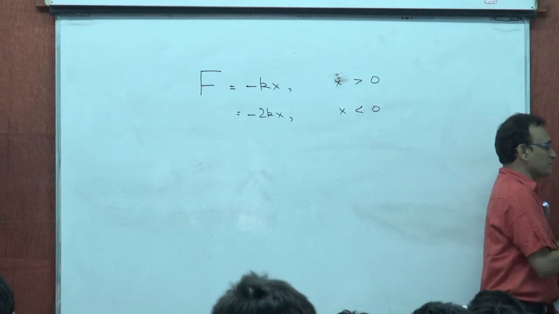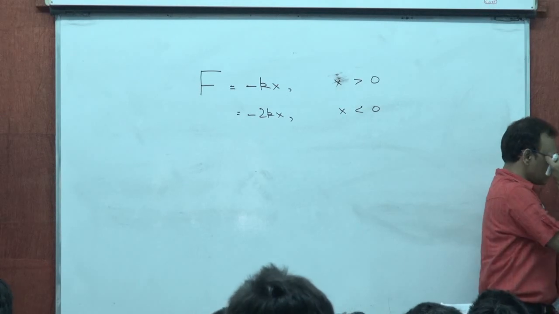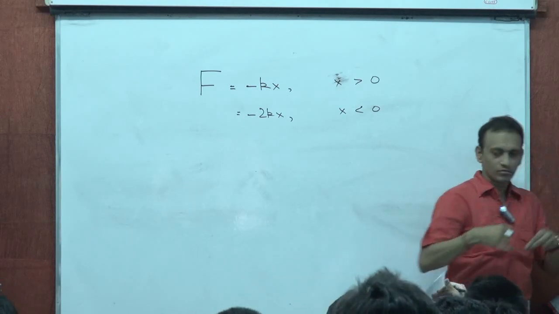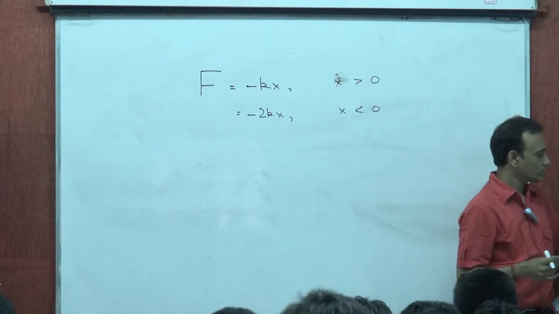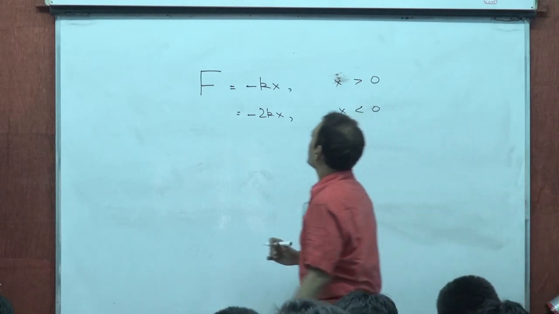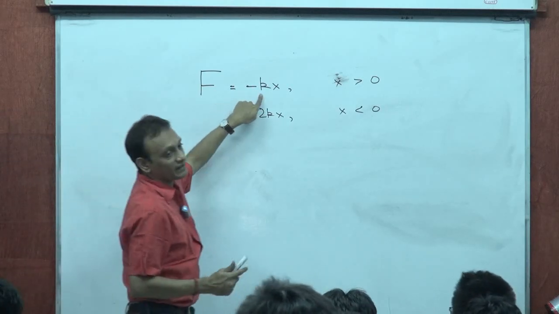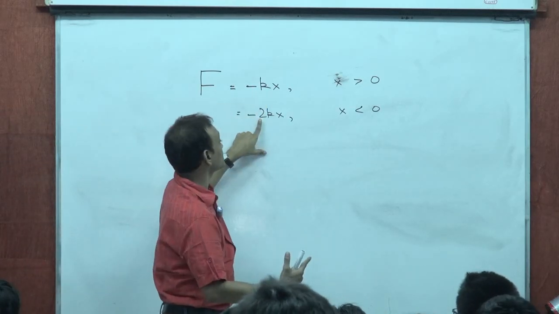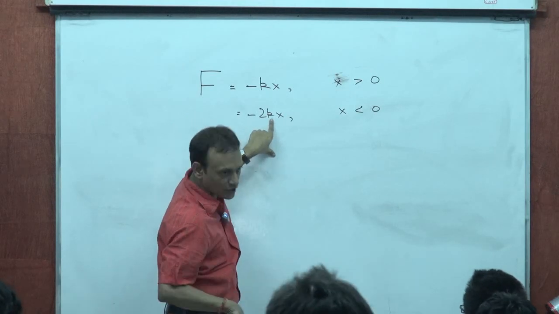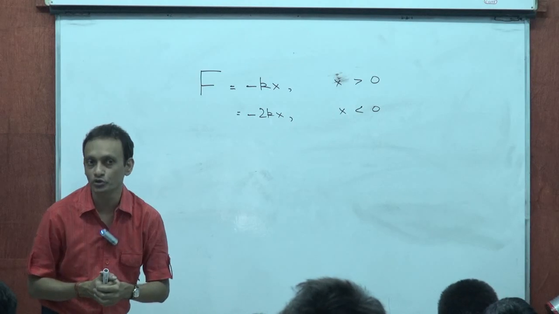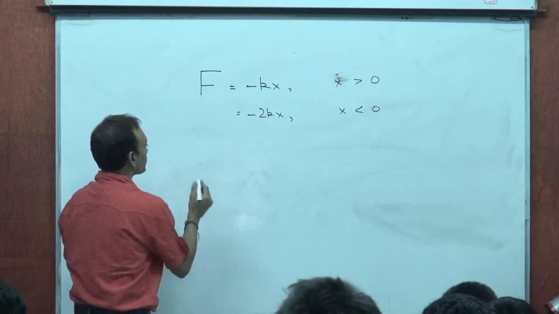We want to find the time period of motion. Number 4. For a spring whose force constant is k when it's to the right of the origin and is 2k when it's to the left of the origin, we want to find the time period of motion of this, right?